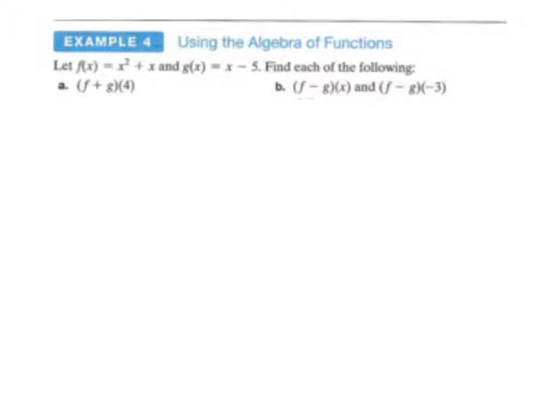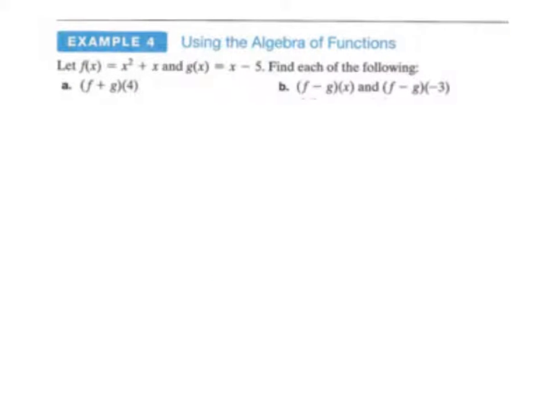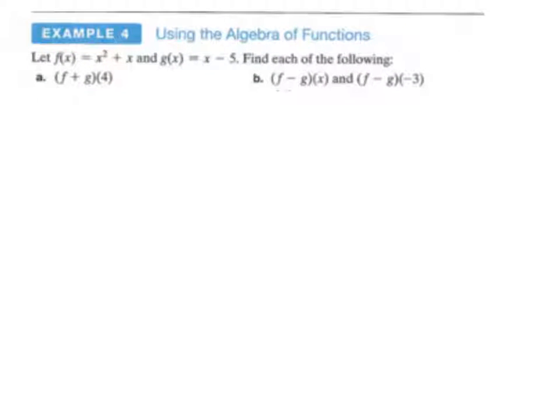So what we're going to do now is algebra with these functions. And all that means is adding, subtracting, multiplying, and dividing the functions. So right here I have two functions, f and g, where I want to add them, but I want to put the 4 in first. So if I do the function for f, I get 4 squared plus 4, which equals 16 plus 4, which is 20.